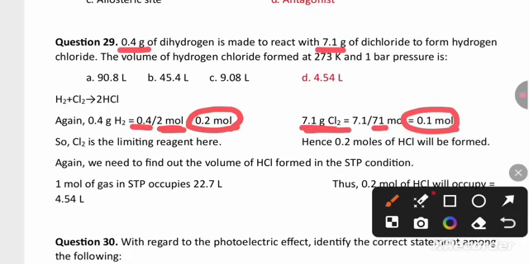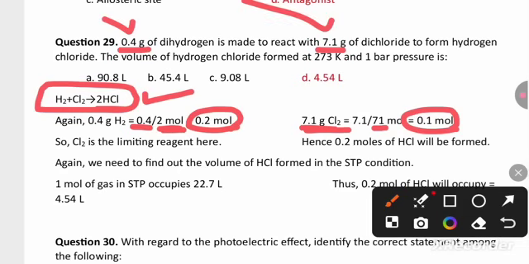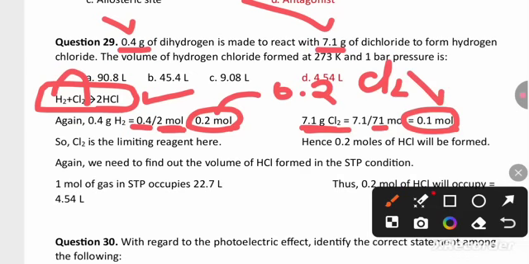We need to find out the volume of HCl formed when 0.4 grams of hydrogen and 7.1 grams of chlorine react. So according to the reaction, 1 mole of hydrogen combines with 1 mole of chlorine. So 0.2 moles of hydrogen must combine with 0.2 moles of chlorine, but in the question they have given only 0.1 mole. So here chlorine is the limiting reagent.